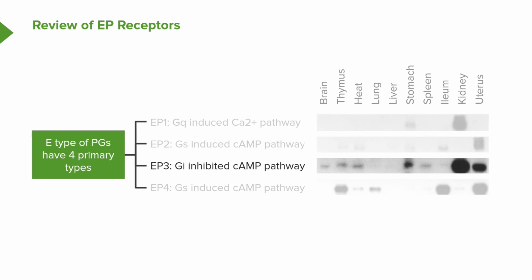You'll notice that EP3 receptors are located throughout the body, whether it be in the kidneys, there's some in the stomach, but what we want to focus on is what occurs in the brain. You can see, of the receptors for prostaglandin E2, either EP1, 2, EP3, or EP4, only EP3 is expressed in the brain.